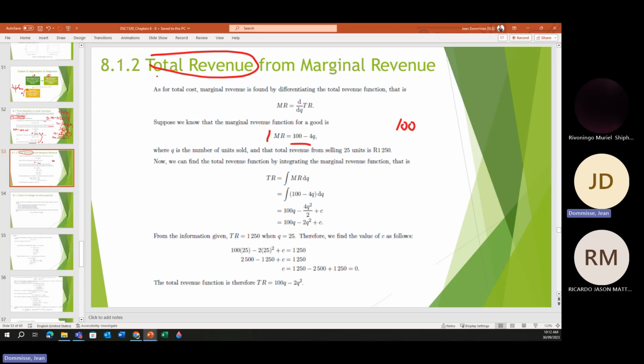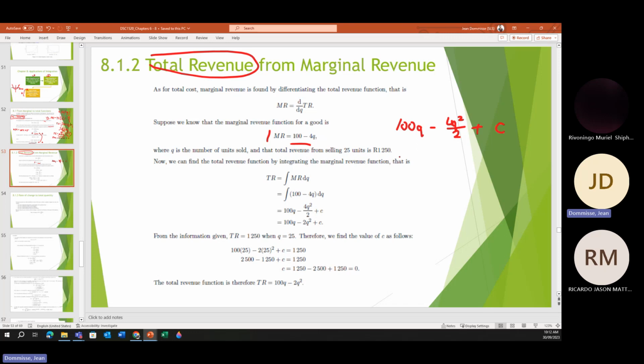You will work from your marginal revenue back to your total revenue. The previous one, you had your marginal cost that you work back to your total cost, and the same process. So you will add the Q. It was Q to 1, so divide it by 1. We don't need to add that component. Or Q over 2 or to a power of 2. So we will divide by 2, and then there's this C that we need to add.